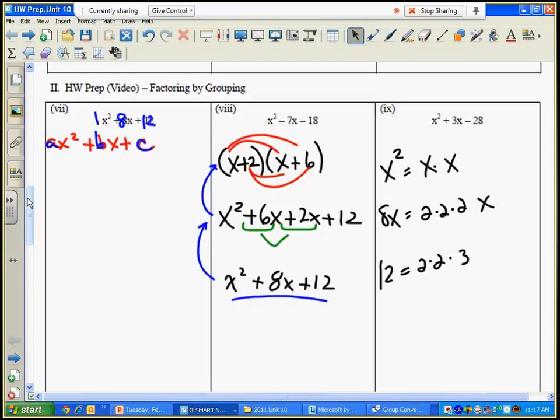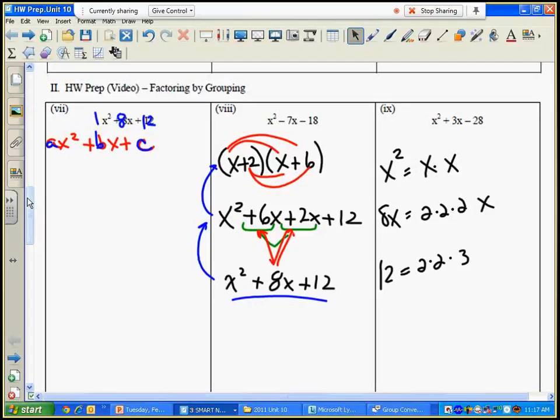If you want to figure out how to eventually get back to the factors of an expression like this, then we need to split up this middle term. If you look over here at the middle column, you see how that 8x here was combined by 6 and 2? I want to figure out how to split that 8x up into the 2 middle terms. And that'll eventually get me towards where I want to go.